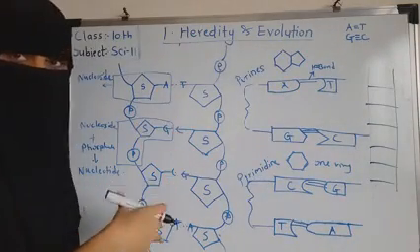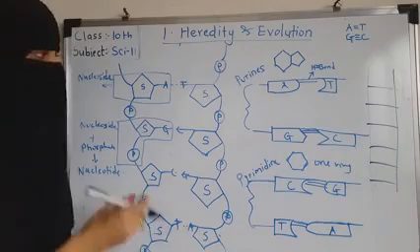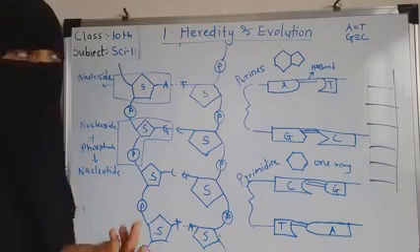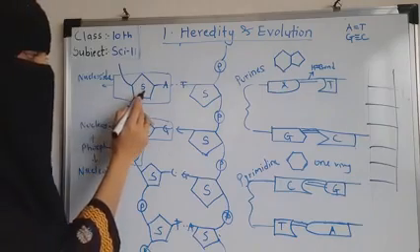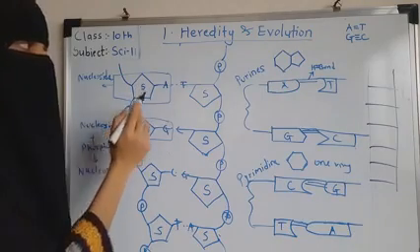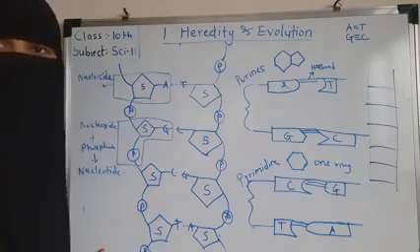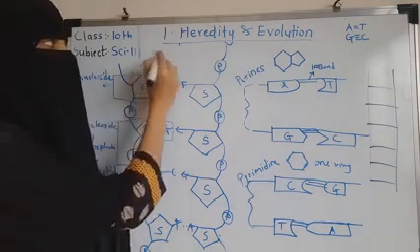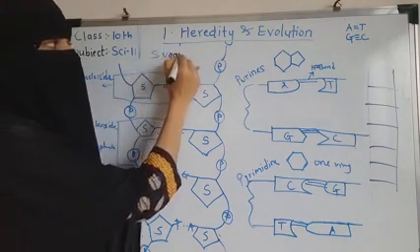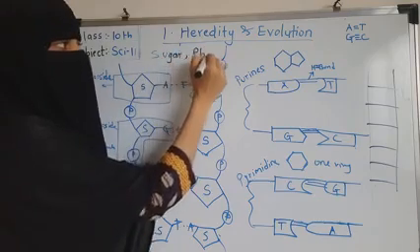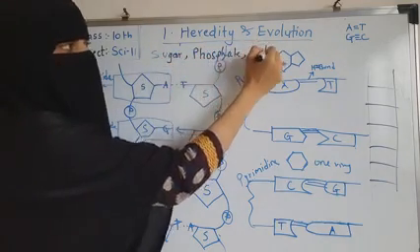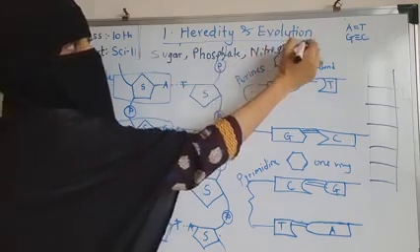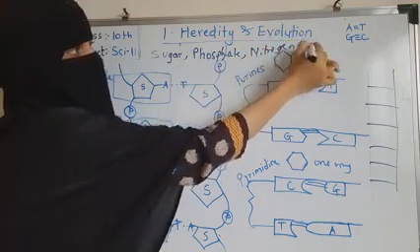Now each strand of a DNA molecule is made up of small molecules, and which are these three main molecules? Sugar, phosphate or phosphoric acid, and one nitrogenous base, right?